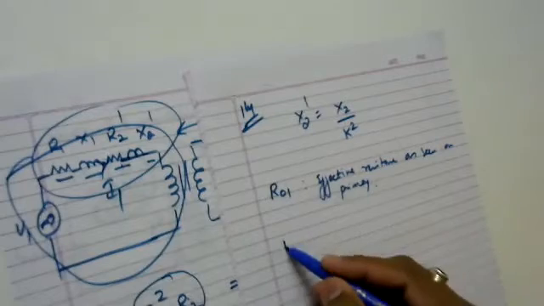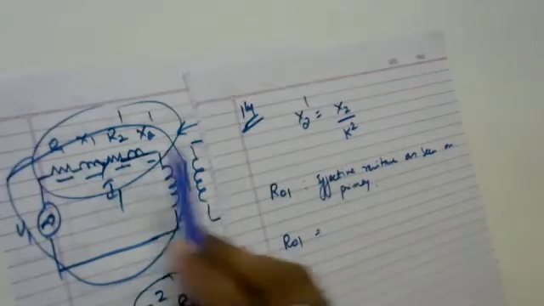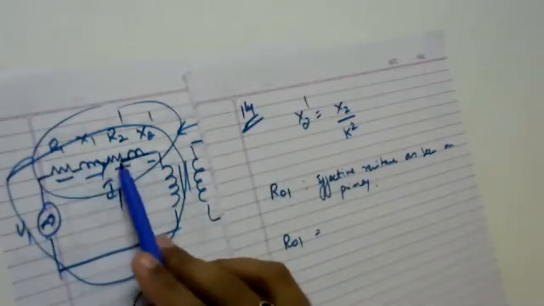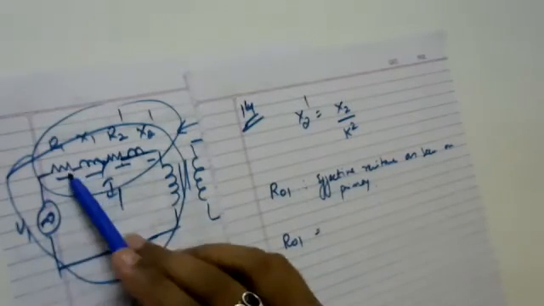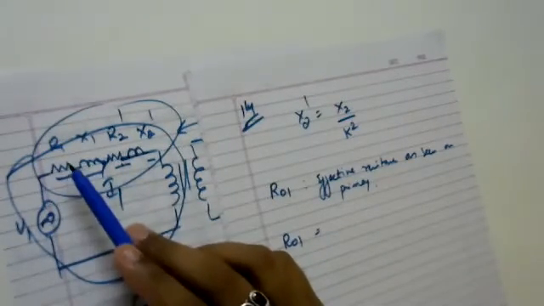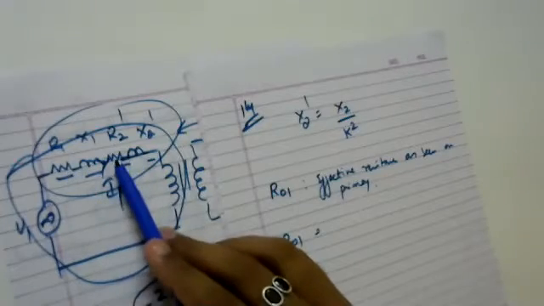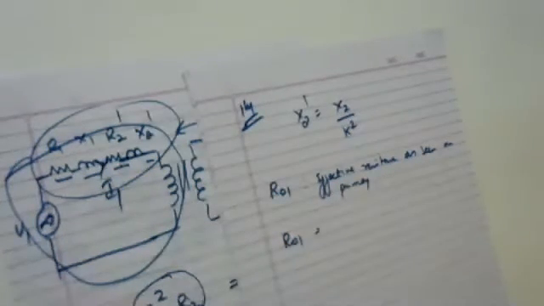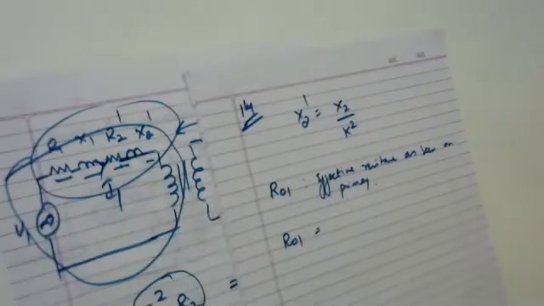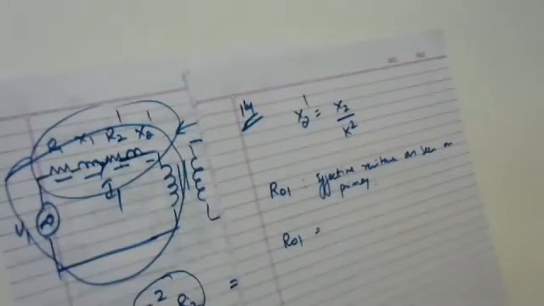Then how can I define my R01 now? Since you have two resistors in series, what will be its effective resistance? Please answer me in the group chat. I have two resistances, one is R1, one more is R2 dash. So what is their effective? Yes, good.